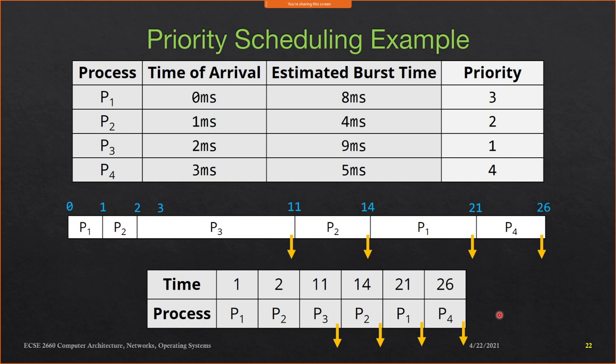No, it's not guaranteed, because a process that arrives at the first 1 millisecond may finish even if it has lower priority. So it also depends on the burst times and their times of arrival. This is just the way the numbers have worked out in this example.